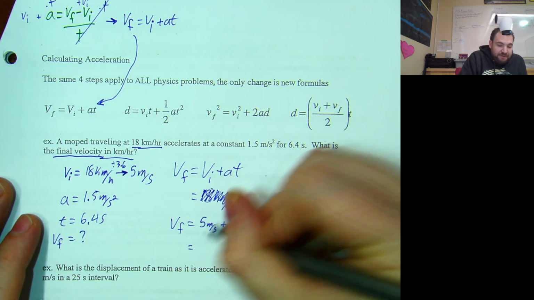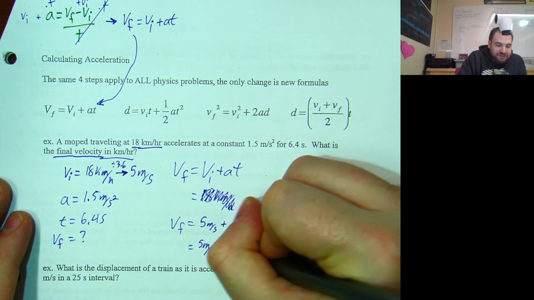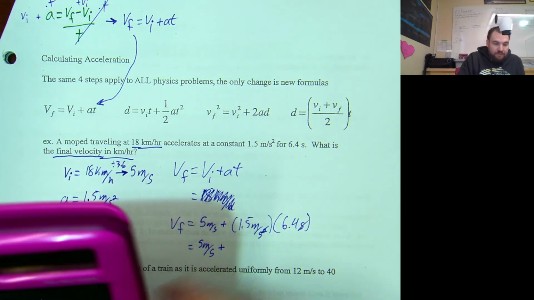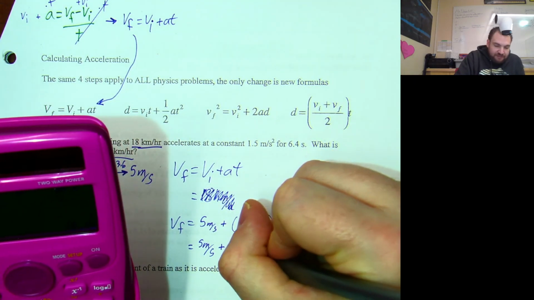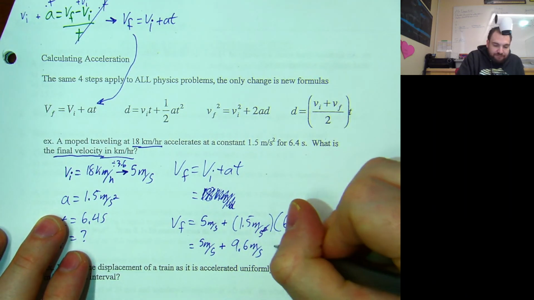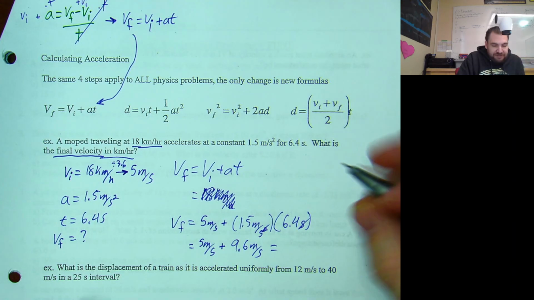So this is going to give me 5 meters per second. I'm doing this in way more detail than perhaps you guys need to. 1.5 times 6.4 is 9.6. And now I'm left with meters per second. 9.6 plus 5 is 14.6 meters per second.